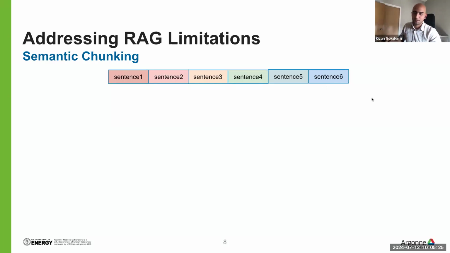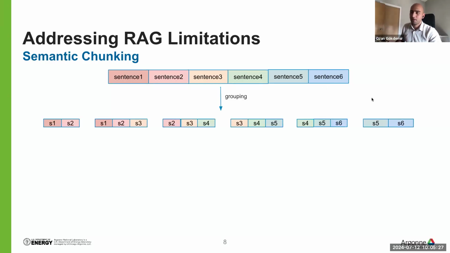So the way this works is you go from sentence 1 to sentence 6. Let's say this is a part of your paper, okay? You set a hyperparameter called buffer that tells you the number of neighbors that you will take to the left and right of each sentence, assuming they're present. So for a buffer size of 1, you take each sentence, its left neighbor, its right neighbor.